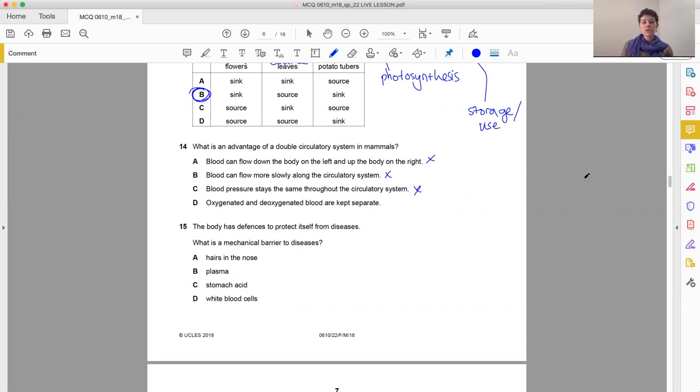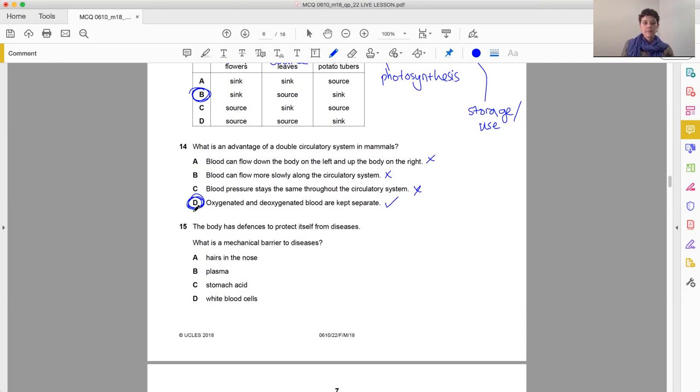Oxygenated and deoxygenated blood are kept separate. Yes, they are, and that is a definite advantage because then it's more efficient. Oxygenated blood can go off to the tissues and give up its oxygen and collect the waste product, and can come back separately as deoxygenated blood, ready to head to the lungs and be reoxygenated. So 14 is most definitely D.